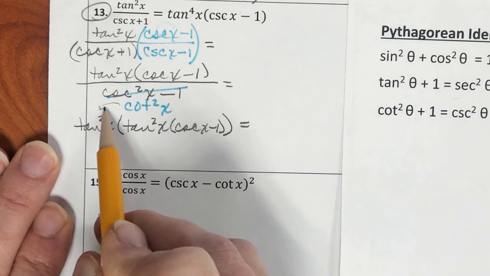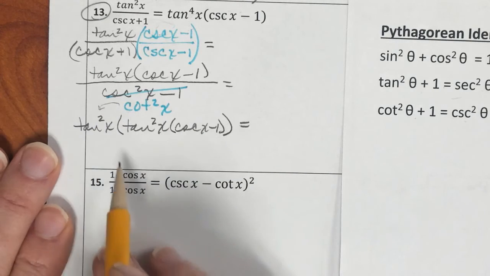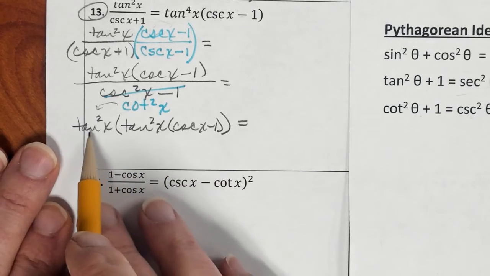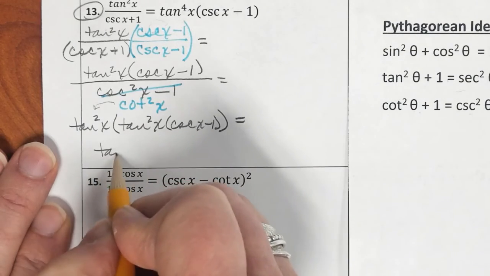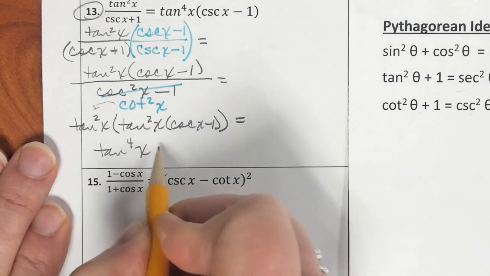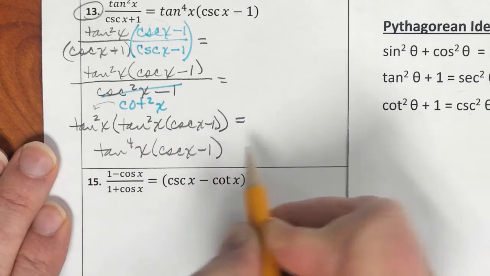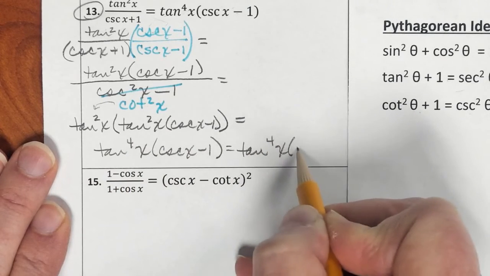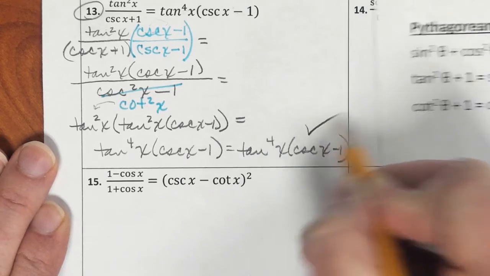That went here, okay? And I no longer have a fraction. But now I also have 3 terms that are just multiplied together. I can take the tangent squared times the tangent squared and make that tangent to the 4th times that cosecant x minus 1. And that is exactly what we wanted. Yay! Ta-da!